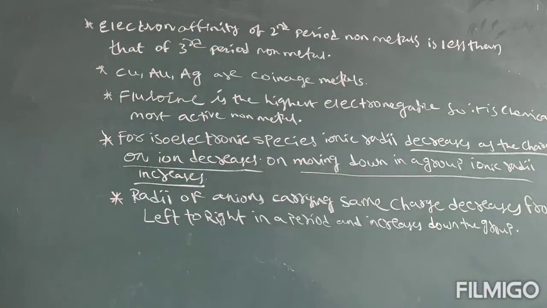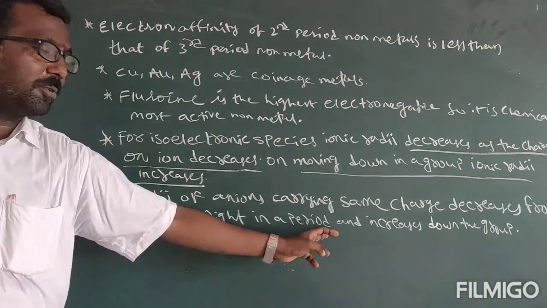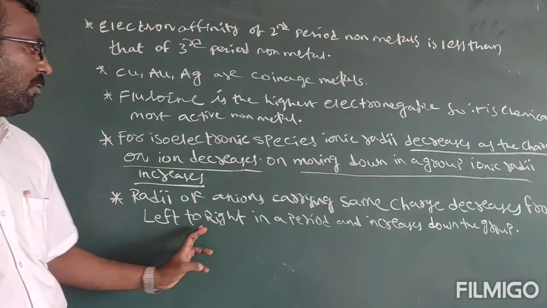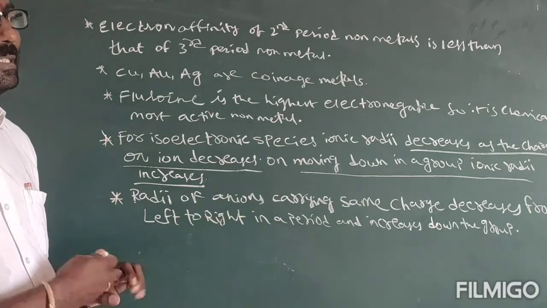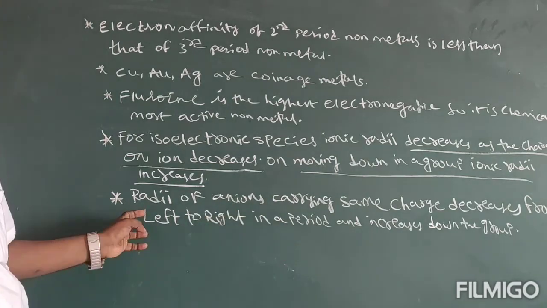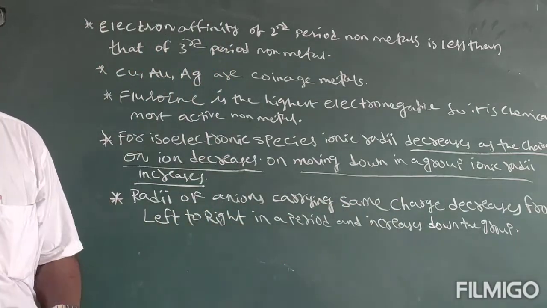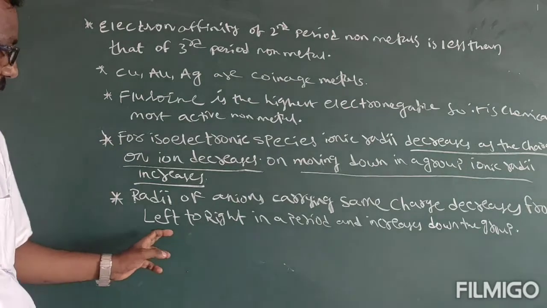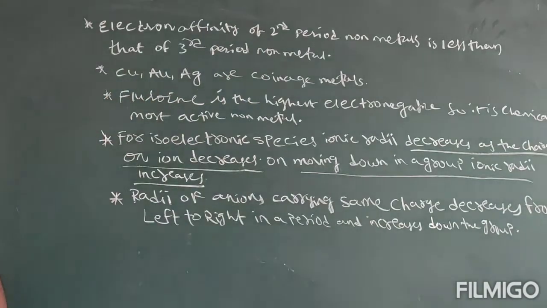Suppose you take chlorine and fluorine, these are anions, but with the same charge. Then what will happen? The radius decreases from left to right in a period and increases down the group. That is important. So these are some points.